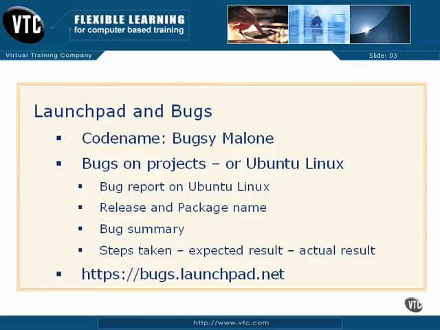While bug reports on specific projects are possible, this is a course on Ubuntu Linux, so a bug report on the Ubuntu distribution requires information on the release, such as Hardy Heron, the package name, such as Samba, an informative bug summary, as well as information on the steps you took, what you expected would happen, and what actually happened. In a later video, I'll discuss in more detail what you should do before jumping to create a bug report.